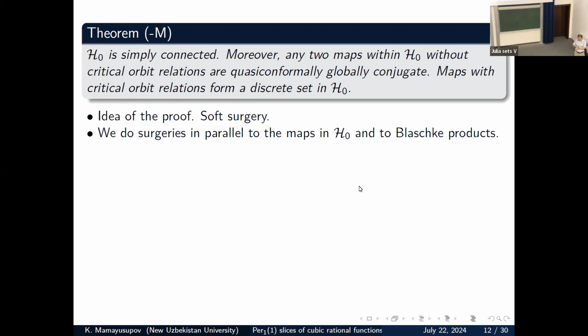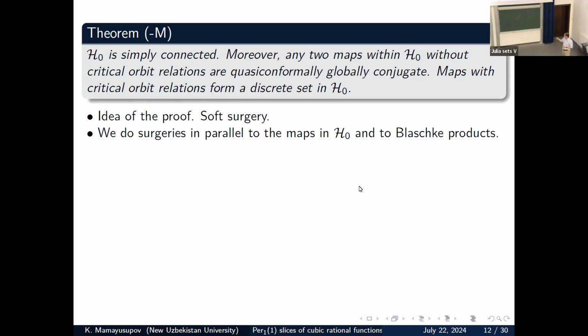So the idea of the proof is soft surgery. I take parabolic Blaschke products, and I take one of these components, and I do surgery in parallel. And this way you don't need to keep track of, like, in the previous case, you have this filled Julia set, and you need to parameterize it to give this tessellation, yeah?